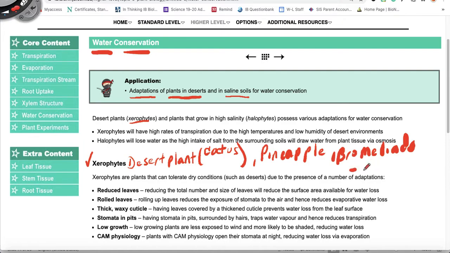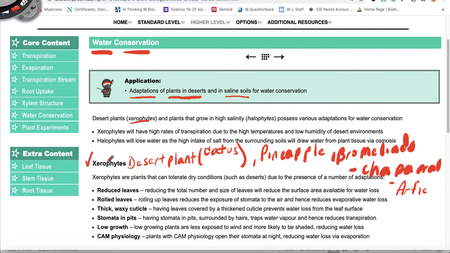And then chaparral plants. Chaparral is a type of ecosystem or biome, for example parts of Southern California where it's really dry, or Mediterranean plants where it's really dry. These are also xerophytes. And then plants found in Arctic-like conditions, like resurrection plants, also find it hard to find water.